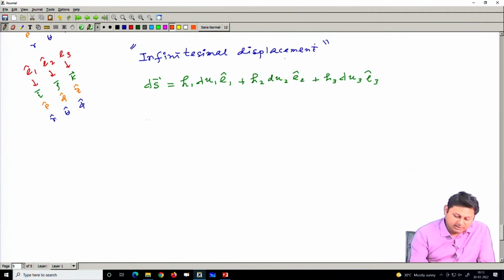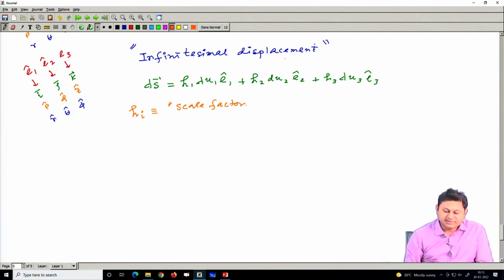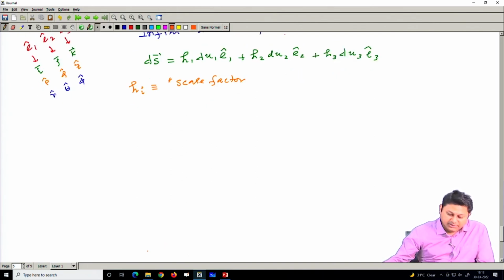Let me first define them, then I will discuss it. This hi, with i going from 1 to 3, is simply called the scale factor, and for different coordinate systems this scale factor differs. How it differs and how to calculate it, we will discuss.